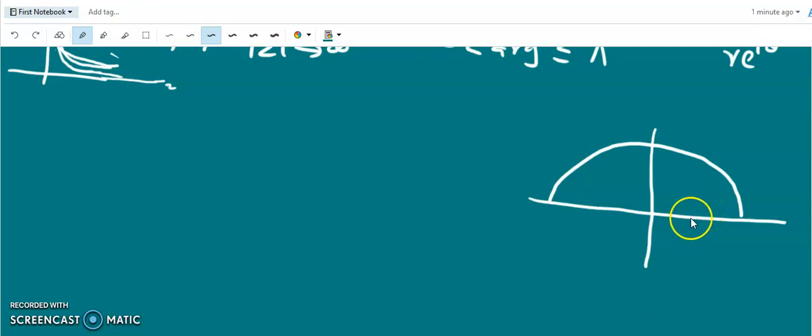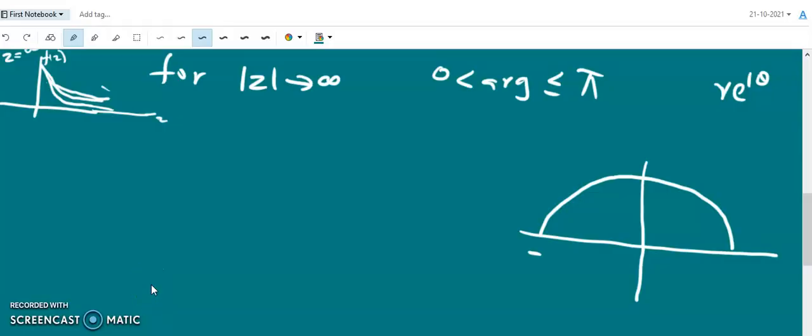So we let the radius of the semicircle be capital R, and finally we assume that this radius becomes infinitely large. The semicircle here meets the real axis at minus R and plus R. So now we let the radius R of the semicircle become infinitely large.